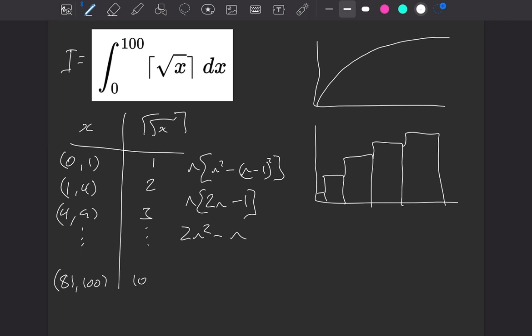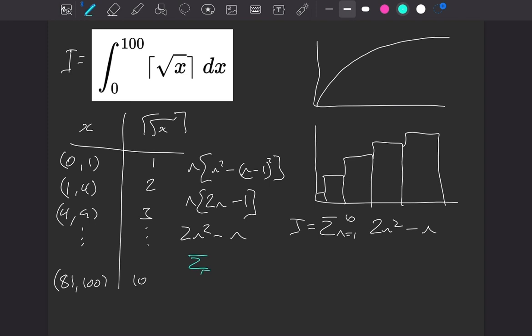So our integral then is going to be the sum of all these rectangles. We have to think about what n starts at. Well, this was n, and this is going to be n, so we're going from 1 to 10. So I is equal to the sum from n equals 1 to 10 of 2n squared minus n.